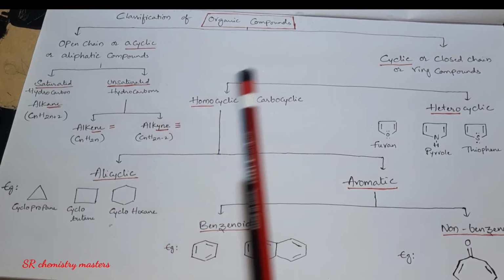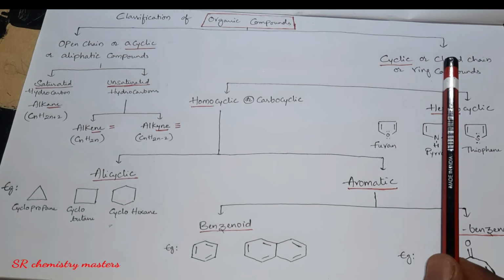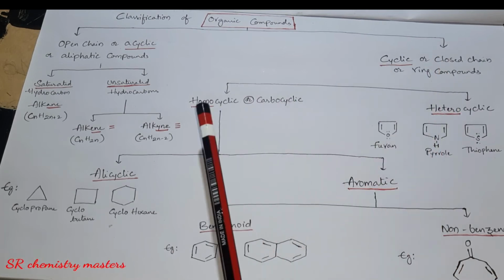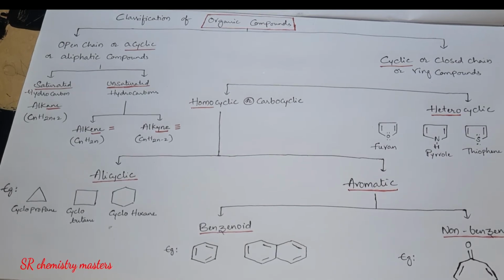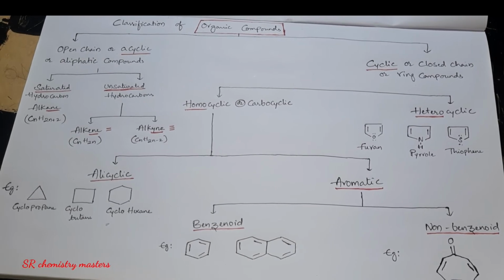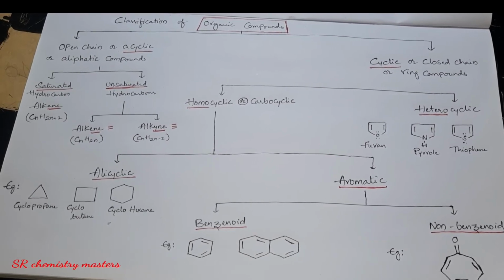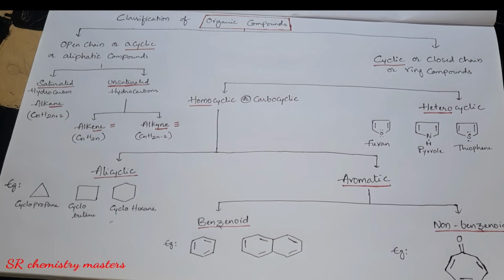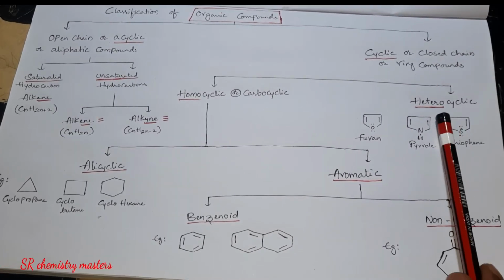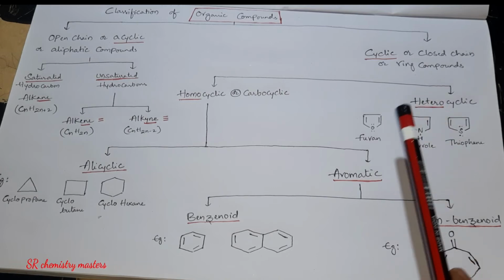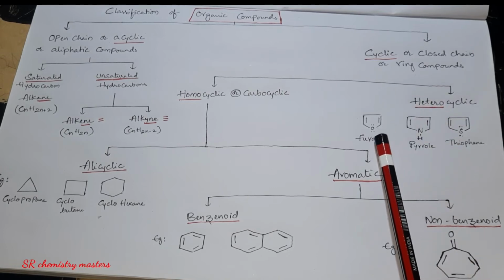When it comes to the cyclic structure, they are again classified into two types, homocyclic and heterocyclic. Remember, homocyclic is also called carbocyclic. Here the main thing is, in this cyclic structure all the atoms are carbon, whereas in heterocyclic structure, along with the carbon atoms we have one different atom other than carbon.